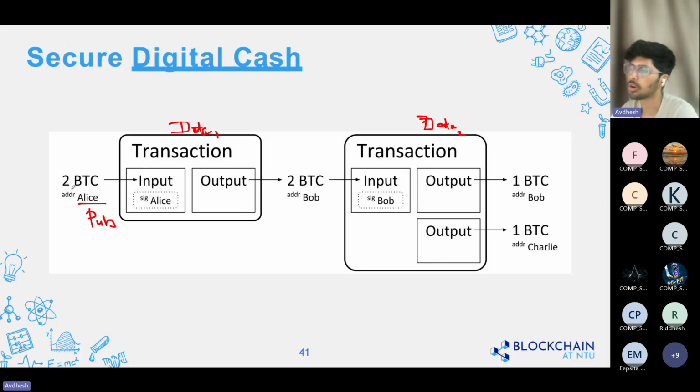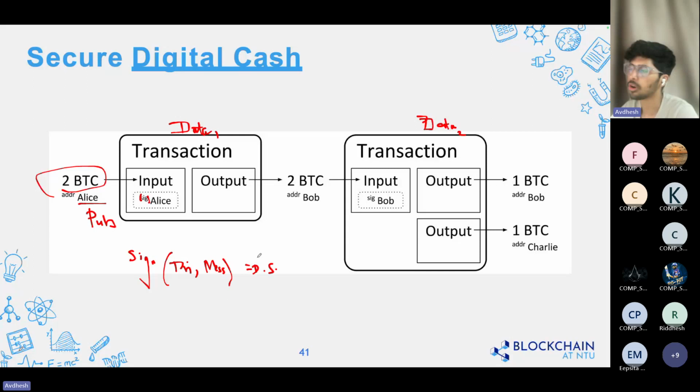Now we have a situation where Alice's public key has 2 bitcoins. What Alice does is she goes through the digital signature algorithm, and she creates a unique signature that we previously talked about. We said that making a signature is only possible with Alice's private key and the message, which creates the digital signature.